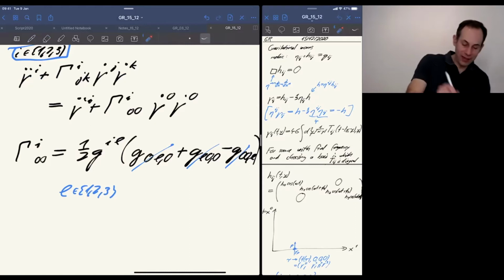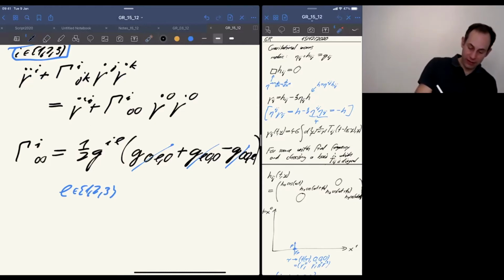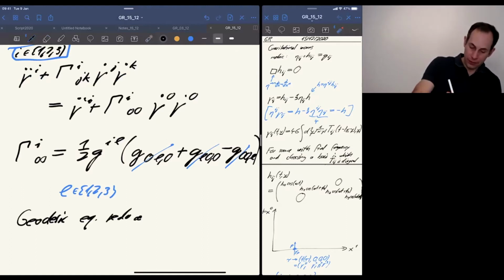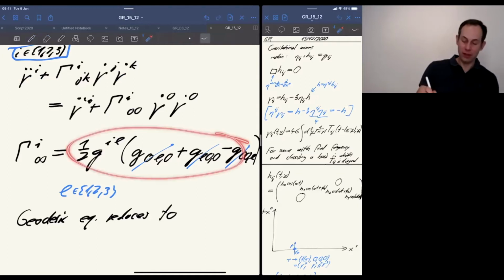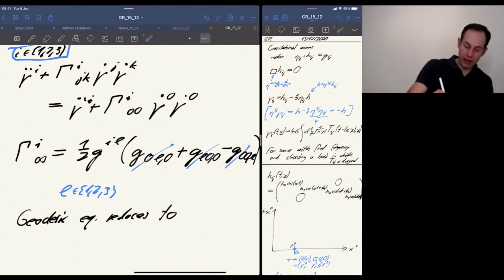But this all tells us the following, that the geodesic equation reduces to the part without the gamma symbol. So we have essentially shown the gamma symbol just disappears in the part that is relevant. And so we have only gamma dot dot.